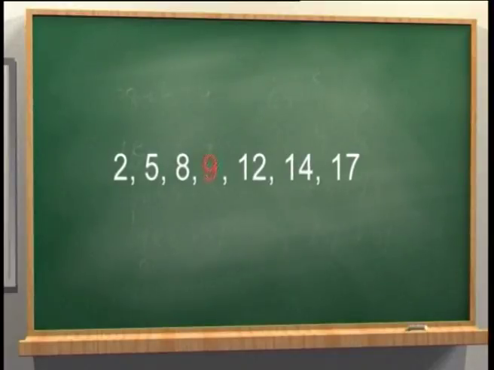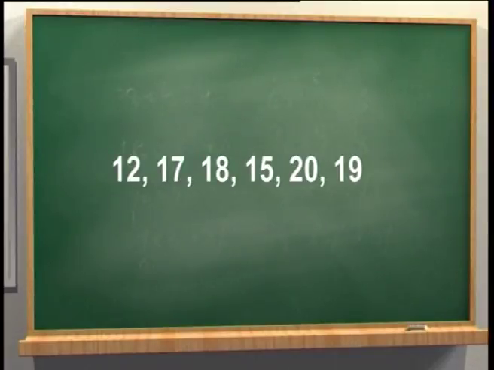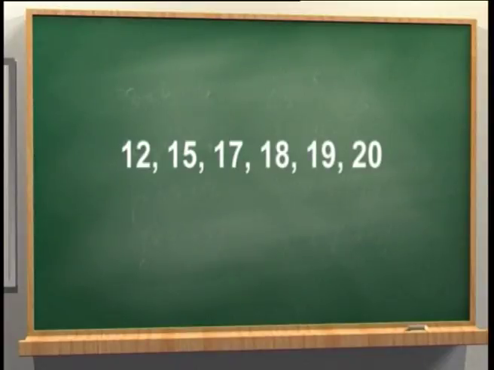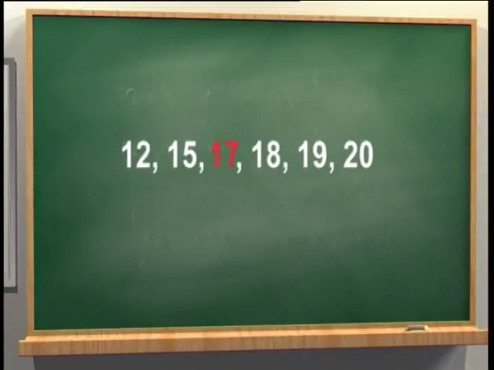Another example: let's find the median for the scores 12, 17, 18, 15, 20 and 19. The first step towards finding the median would be to arrange the given scores serially in ascending or descending order. You will get 12, 15, 17, 18, 19 and 20. Of the 6 scores here, 2 scores are below 17 and 2 above 18.